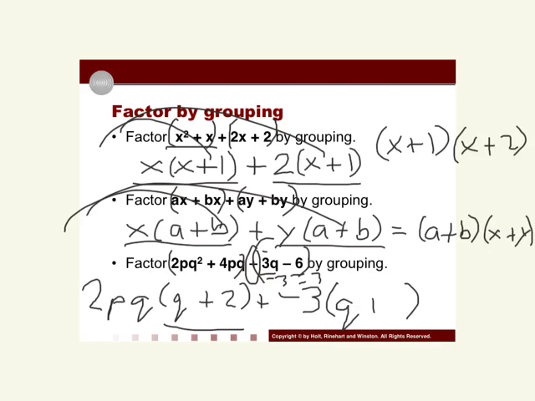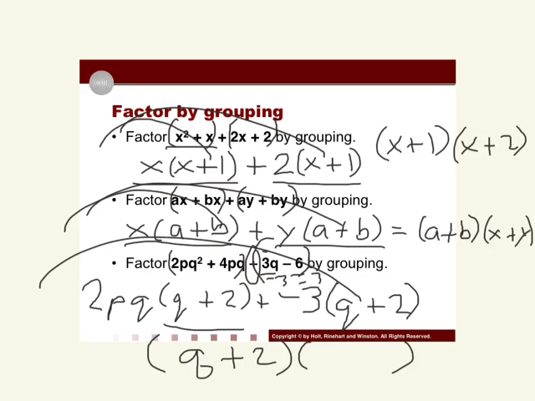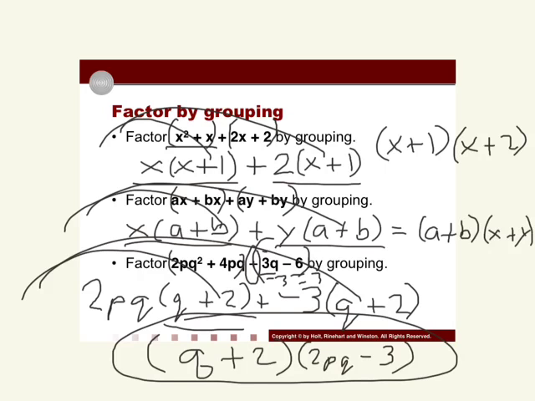And so now my common binomial factor is exactly q plus 2. So now if I factor out the q plus 2, I'd be left with 2pq minus 3. And now I have that factored into two binomial factors.